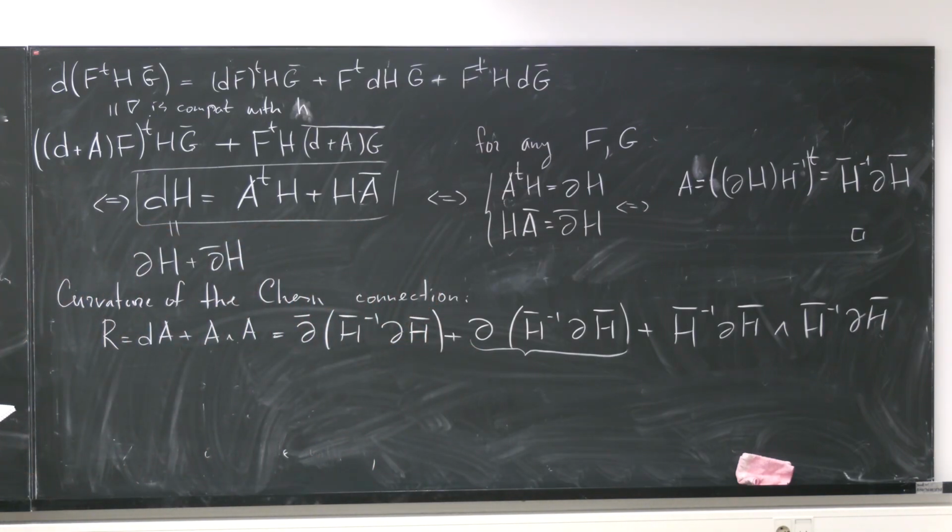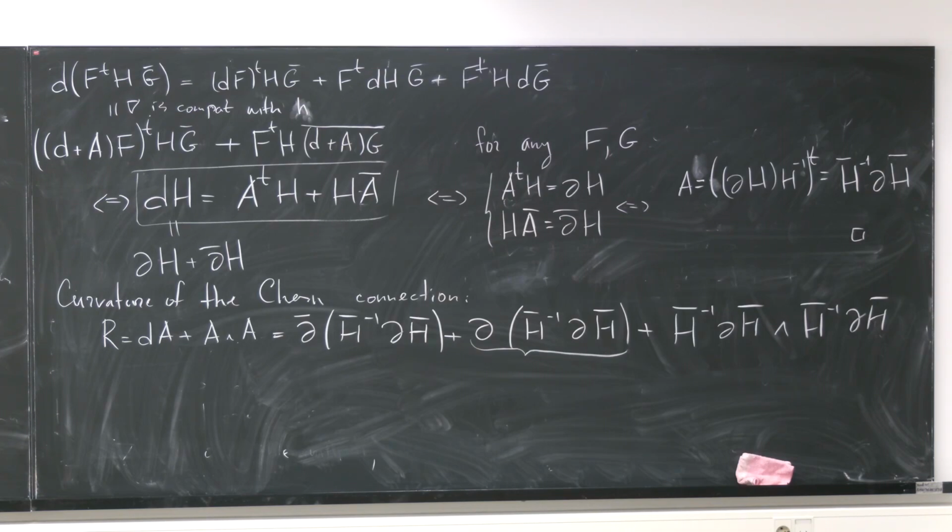So may I ask a question? Yes. I missed something. So we have proved that if nabla is compatible with Hermitian metric, then it is unique and defined by this formula. But does it imply that, if nabla is defined by this formula, it is also compatible with the holomorphic structure? Yes, so the condition that it is compatible with the holomorphic structure is this one.